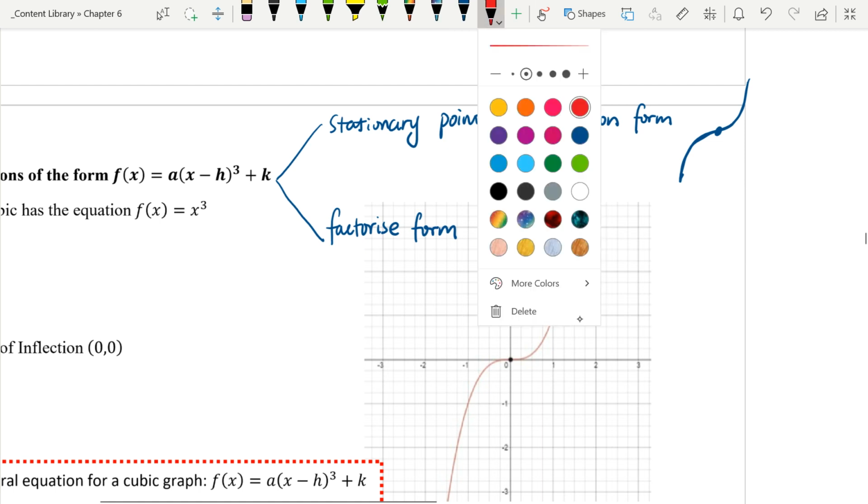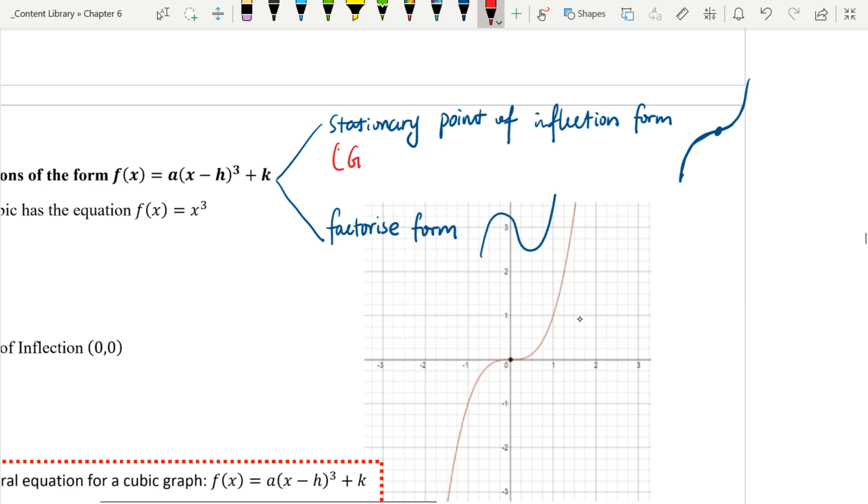This form is normally given in the question. The question will just give you the point of inflection form. They're not going to ask you to make it into point of inflection form. If they give you the general form or expanded form, you go to make factorized form, not the point of inflection form.